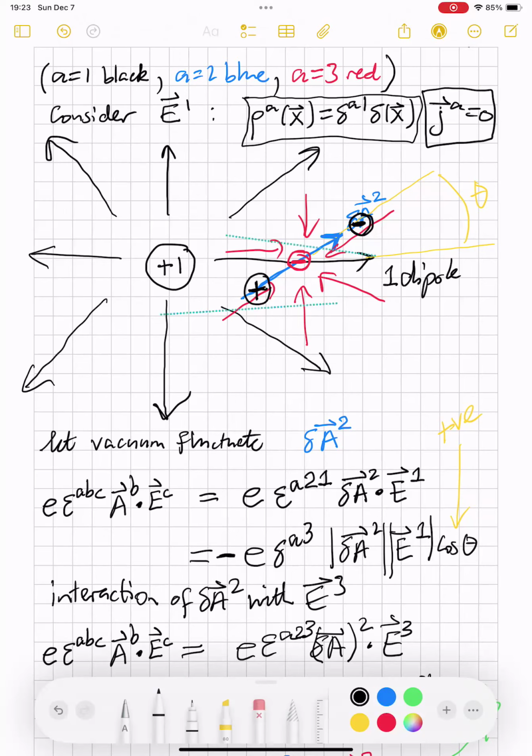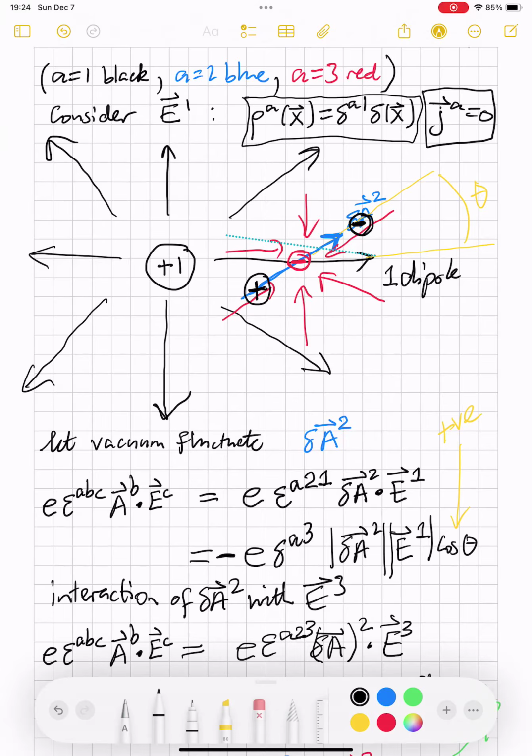This is of the A equal to 1 type of field. But notice that now in this dipole, the plus charge of the dipole is closer to the plus charge setting up the field, and the minus charge of the dipole is further from the plus charge setting up the field. So now the dipole tends to anti-align with the field.